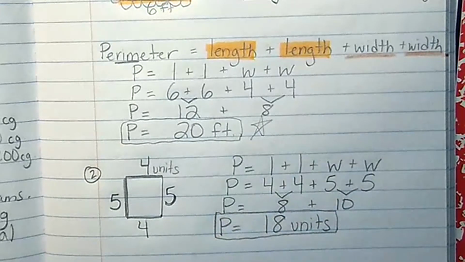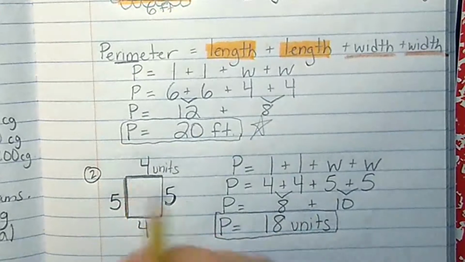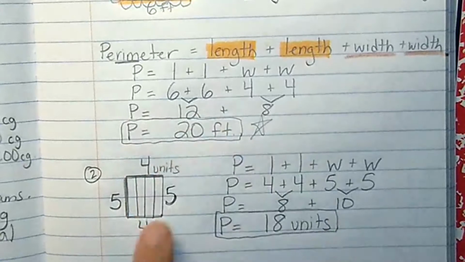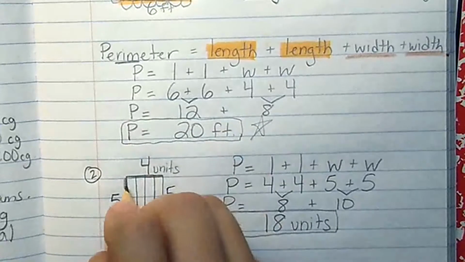Again, the way to check this is jumping around the outside edge. So if it says 4 units across, I'm going to make 3 lines down. And if it says 5 units, I need to make 4 lines across.